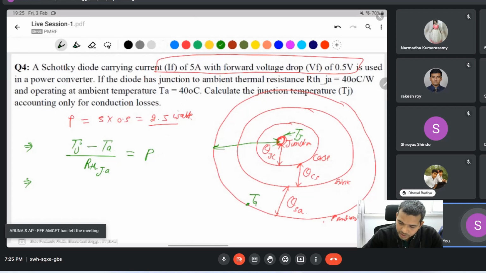The power is given as 2.5 watt. The junction temperature TJ is what is being asked.